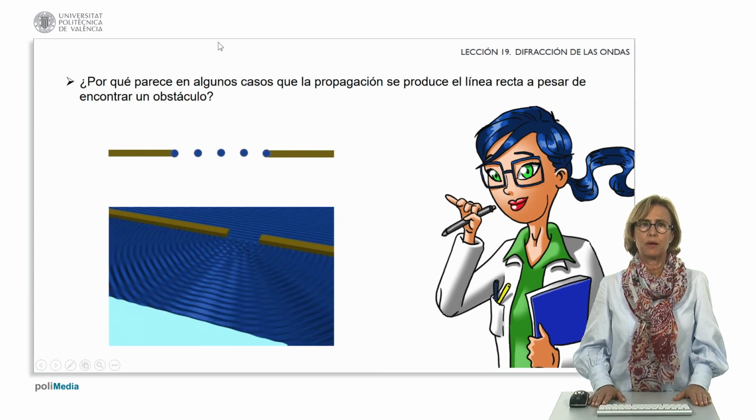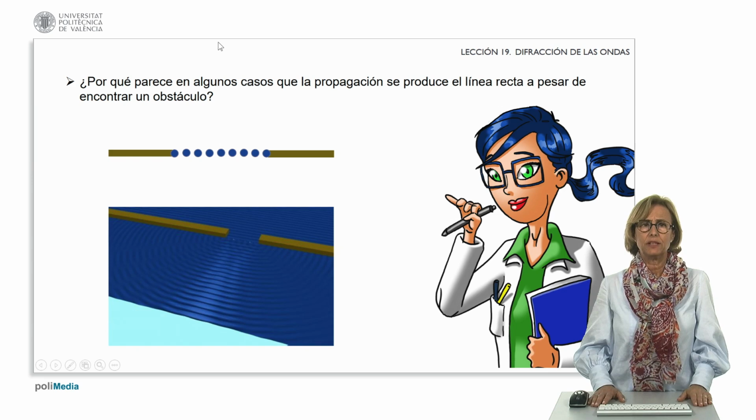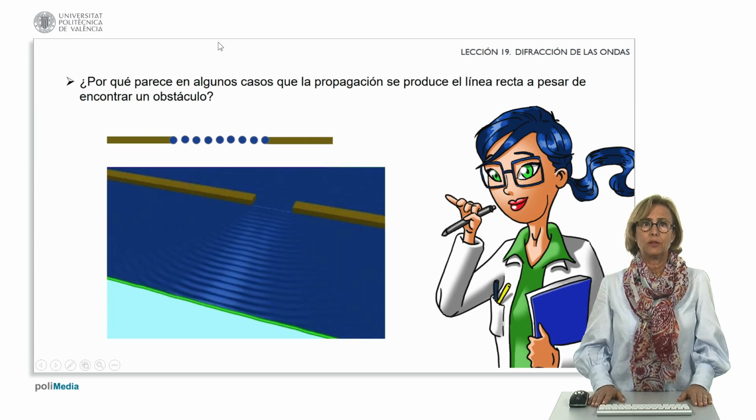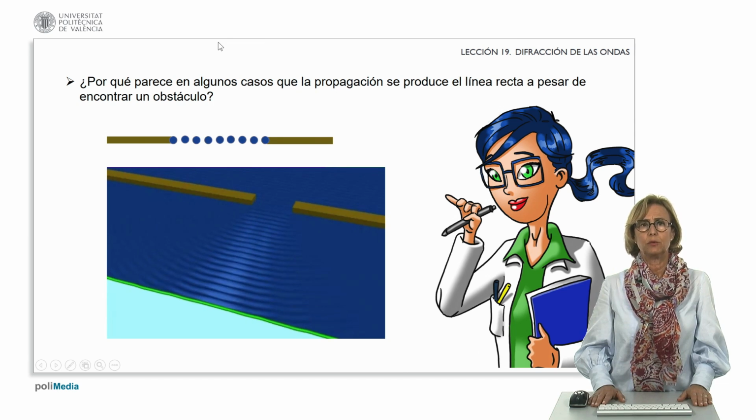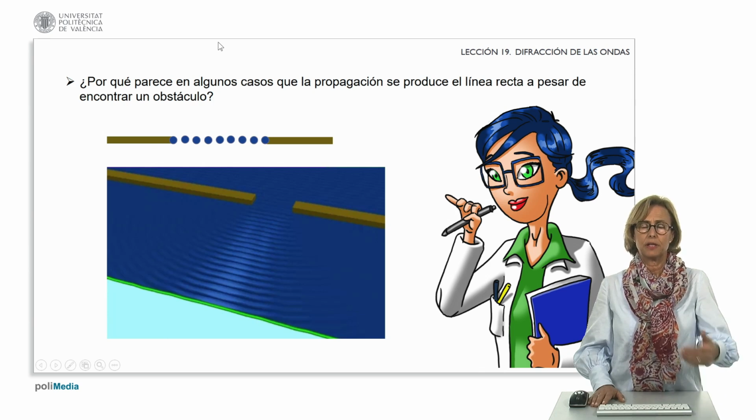As we go on, because all the points behave as secondary sources, we see that the wavefront is varying, and when we have a continuum, it is almost as if we had that of a plane wave. So in the second case, Jota observed a wavefront with some deformity, but similar to that of a plane wave.